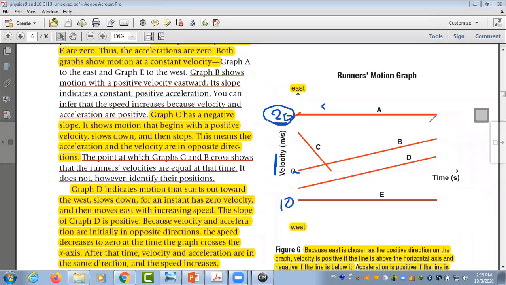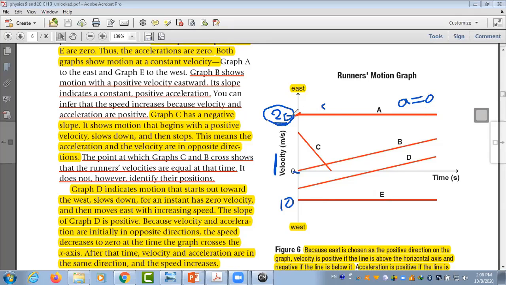The acceleration is zero because there is no change in velocity. Okay, excellent. Another reason: if you calculate the slope for this line, what is the slope? Zero. So acceleration is zero for two reasons. Omar said the first one, because we have constant velocity. The reason number two, the slope also equals zero.